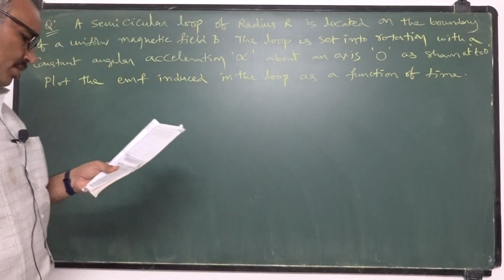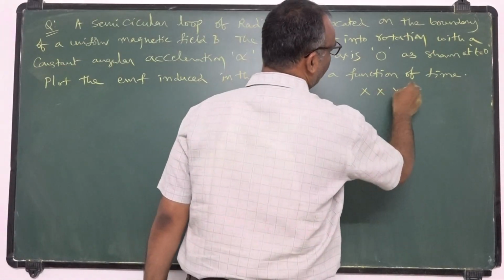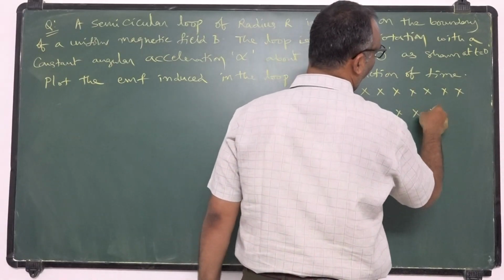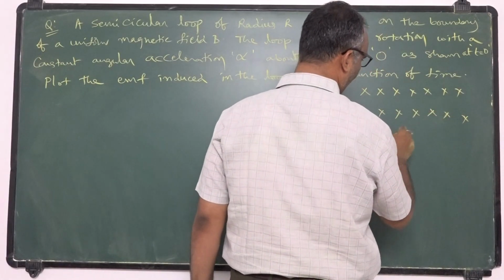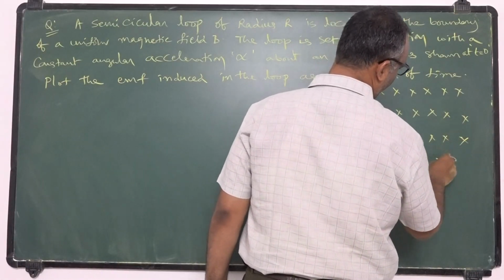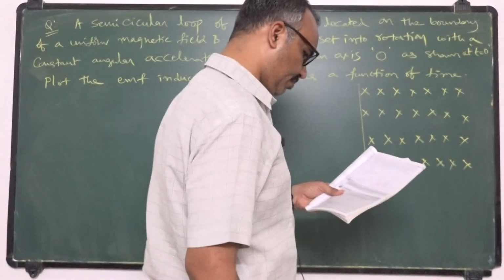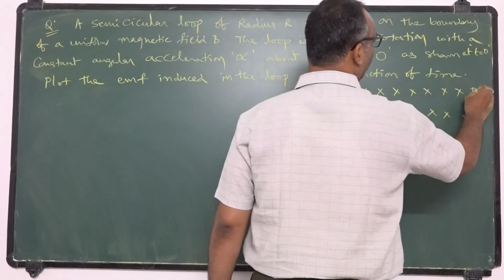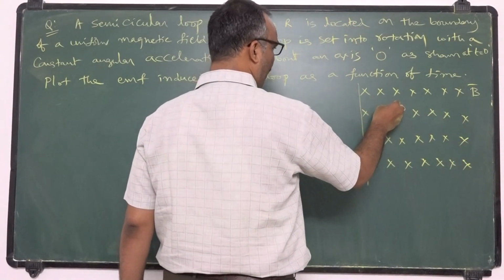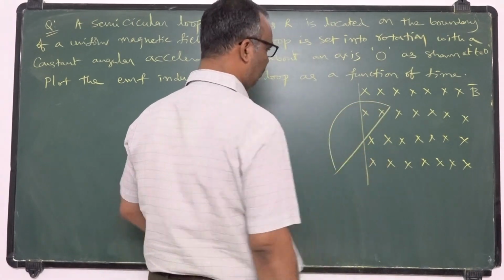This is the question, and the question figure is like this. This is the uniform magnetic field directed into the paper. Here is the boundary of the field. The strength of the B field is B bar, and the semicircular loop is like this.